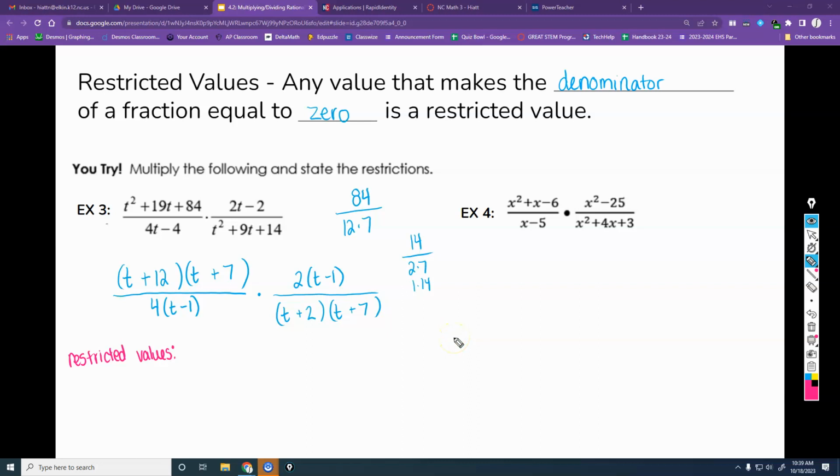Anything that makes the bottom of those fractions 0 cannot be a value that you have for this equation. So, is there anything that would make 4 equal to 0? There's not, right? Because it doesn't even have a variable. It's just 4. What about t minus 1? What makes that 0? Positive 1. So, t cannot equal positive 1.